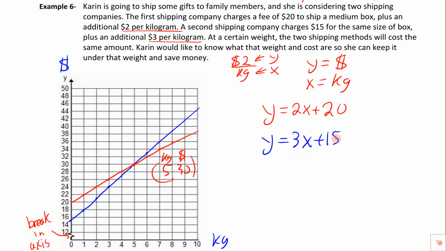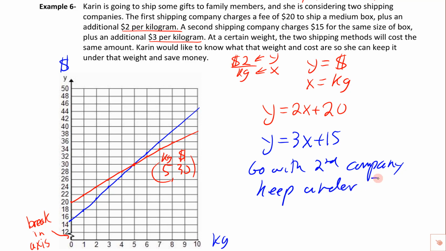And she's going to keep it under, let's see, 5 kilograms. Okay, go with second company, keep under 5 kilograms and pay less than $30.